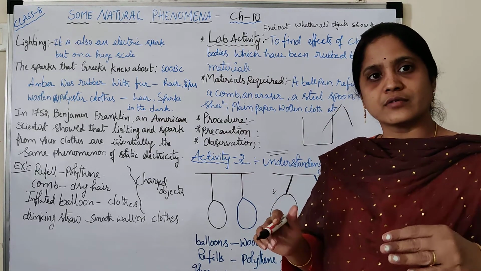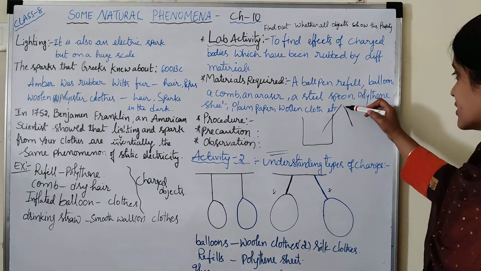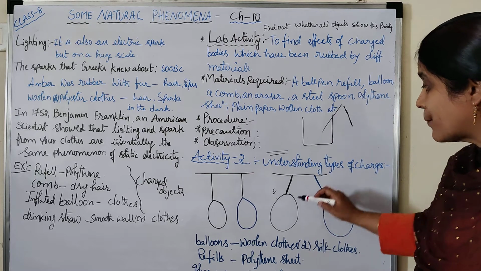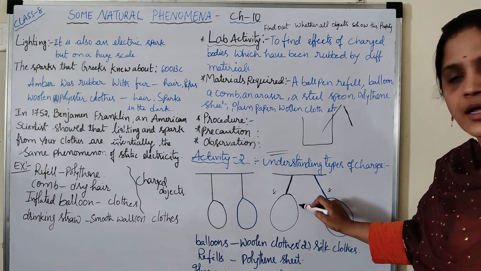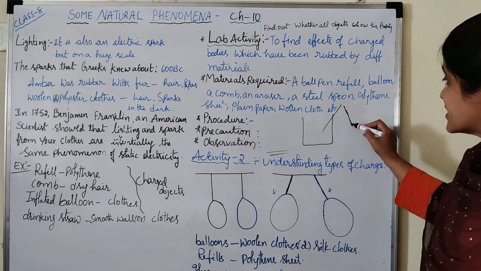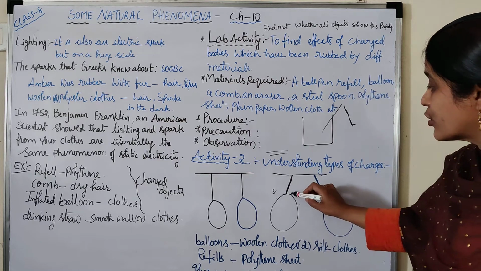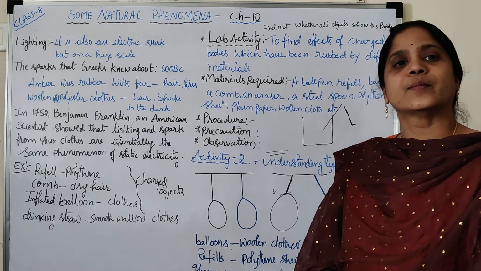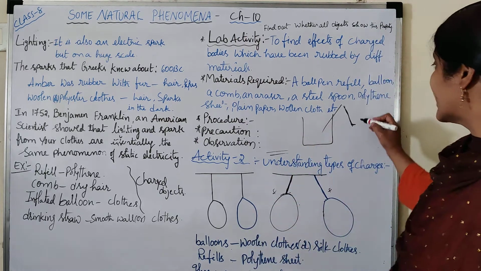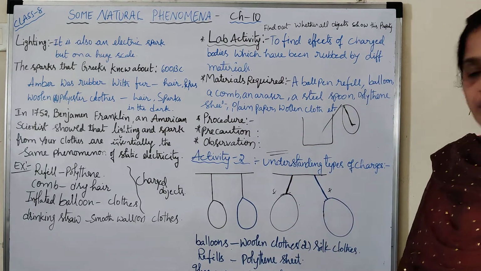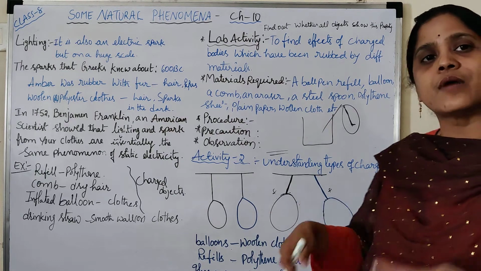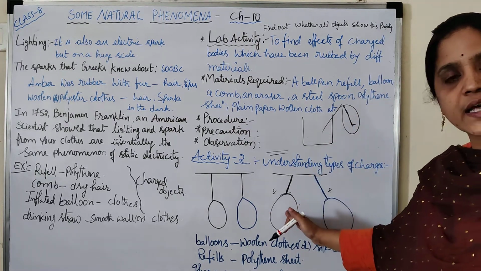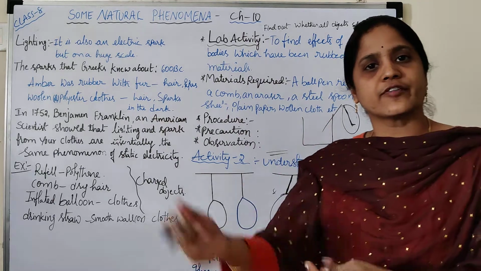Okay. Now you take this charged, rubbed refill to the rubbed balloon. Then you can find that this refill is attracted towards the balloon. Why? Because the refill acquires one charge and the balloon acquires the opposite charge, because these are made of different materials and they are rubbed with different materials.